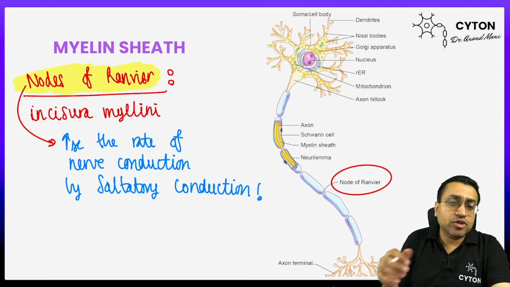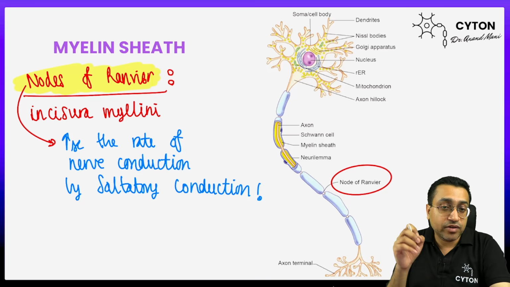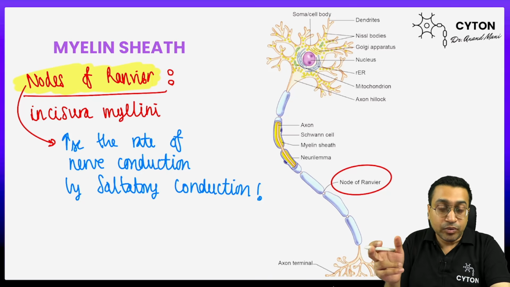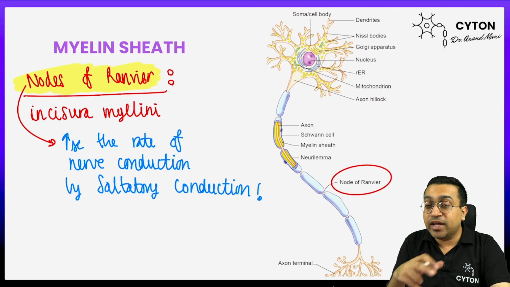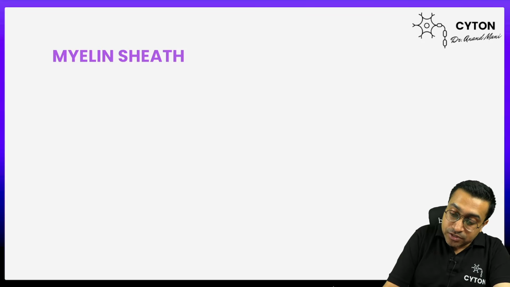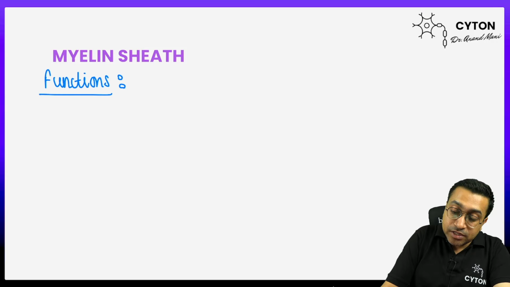Then there is something known as the internode, which is a segment of the myelin sheath between the adjacent nodes of Ranvier. The thickness of the myelin sheath depends upon the axon diameter, and not on the Schwann cell. A single Schwann cell can protect many non-myelinated axons. Then we talk about the functions of the myelin sheath, which are very important again.